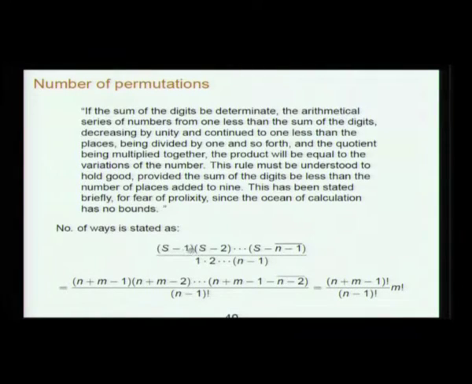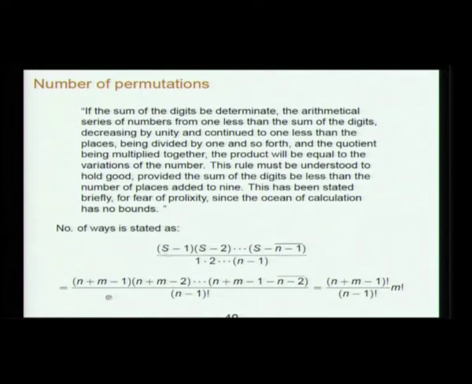You have to take s minus 1 and go down, up to that there must be m, these things. n places here, sorry, n minus 1 places. Decreasing by unity, continue to 1 less than the places. Yes, that is the thing.